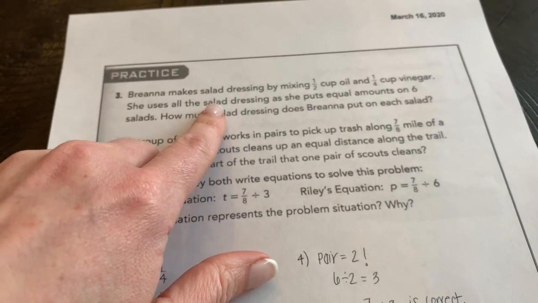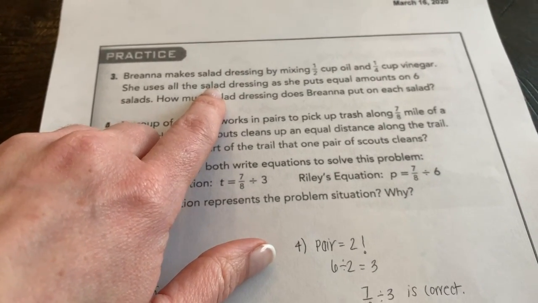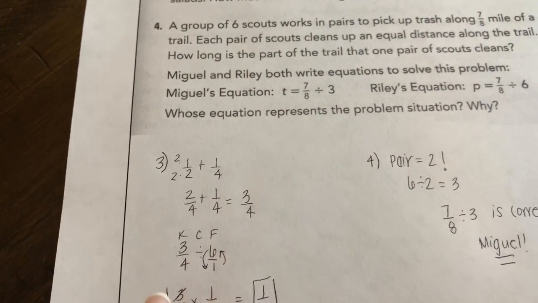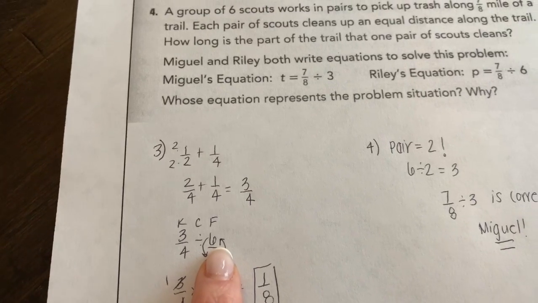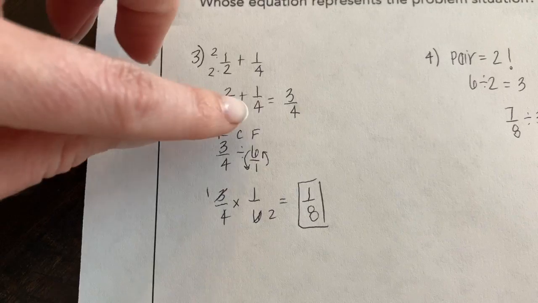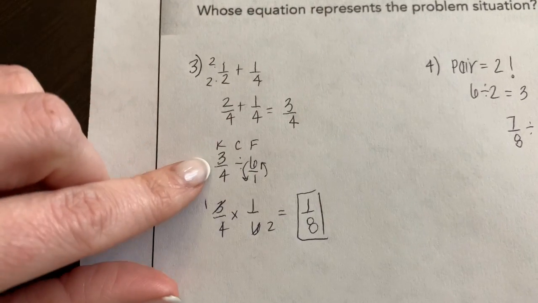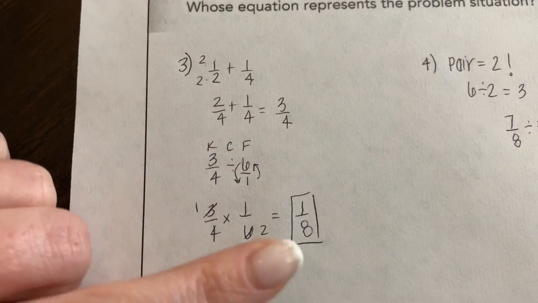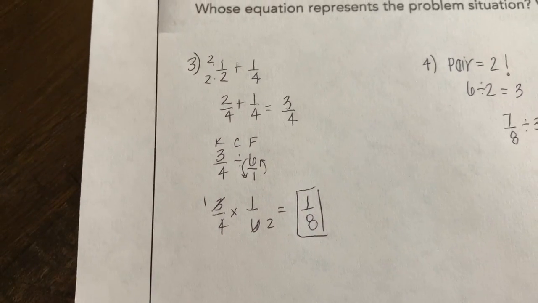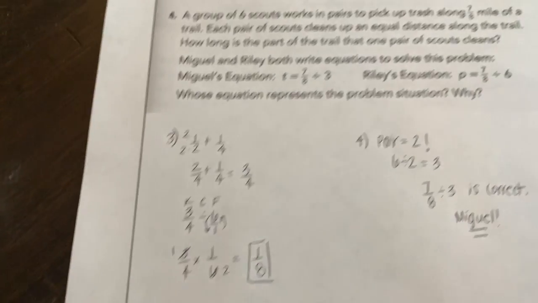So she's using all of the salad dressing and she's putting equal amounts on 6 salads. So I'm taking the 3/4 and I'm dividing it into 6 salads. From here, we use keep, change, flip. So I'm going to keep the 3/4, change the division to multiplication, flip the 6 to 1/6. I used my trick and I end up with 1/8. So the correct answer for number 3 is 1/8.